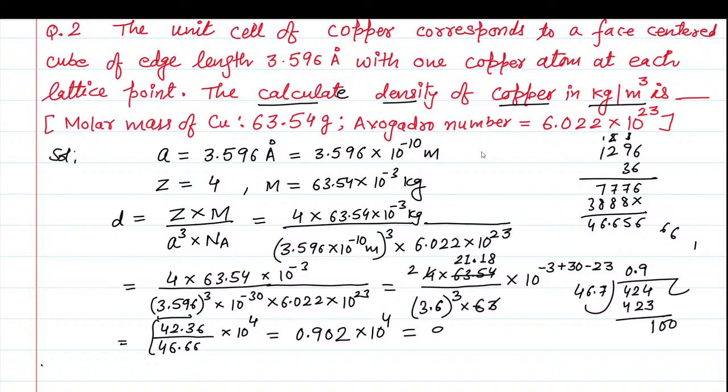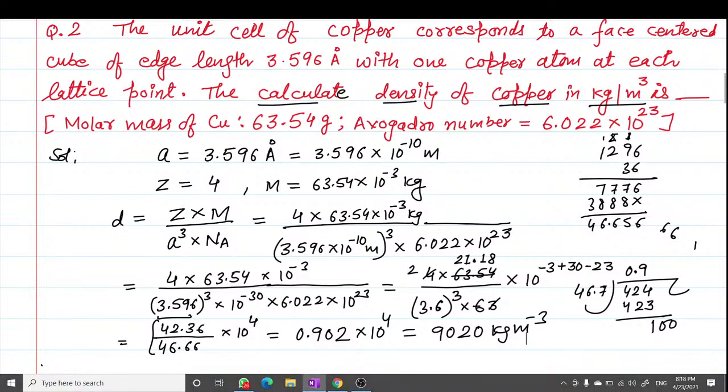You can write it as 9020 kilogram per meter cube. You should go as close as possible. Okay, I have approximated so much.